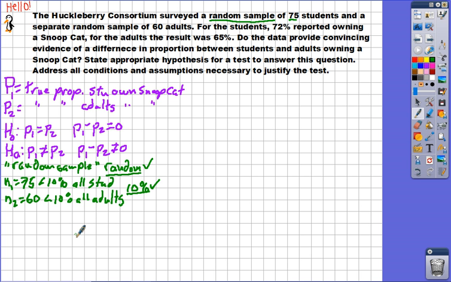What's the third one? The third one is large counts, or expected counts, that we have at least 10 from each. So from our first survey, we had 75 and we expected 72% to be successful. That actually equals 54 students. And then 75 times the complement, 28%, gives us 21 students.